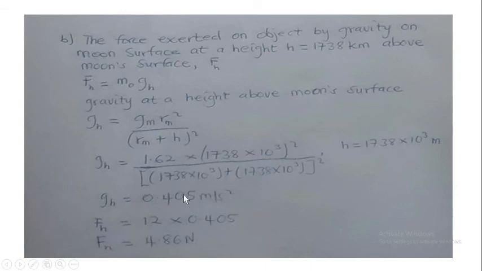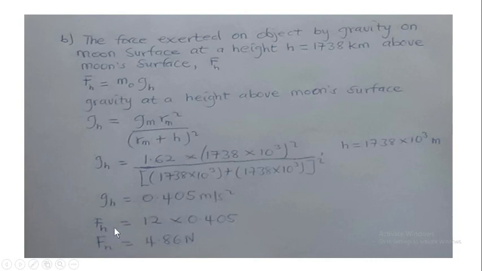And that gives you the gravity above the Moon's surface at a height of 1,738 kilometers. Now, what is the force at that height? The force at that height will be the mass of the object times the gravity at that height.